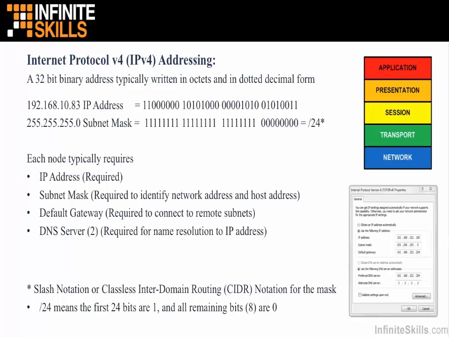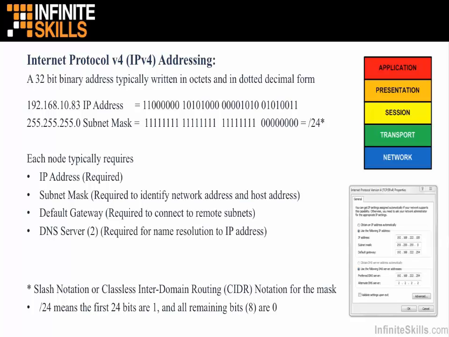Now what this mask identifies to the routing system, that also is a layer 3 network function, is which part of this address, 192.168.10.83, represents the network that the computer node, in this case a destination node, might be on.